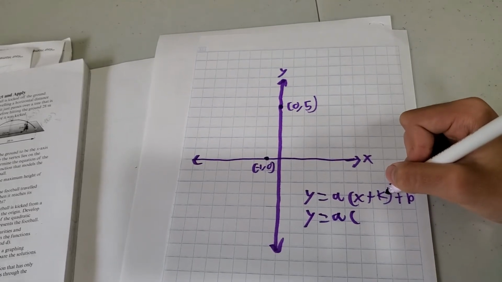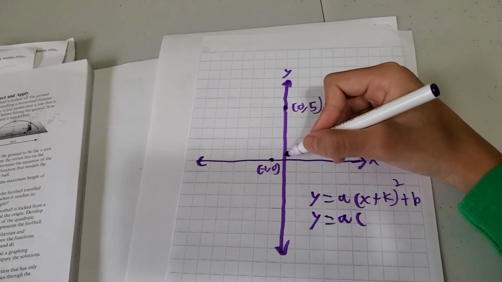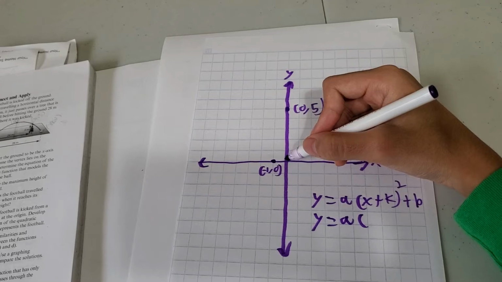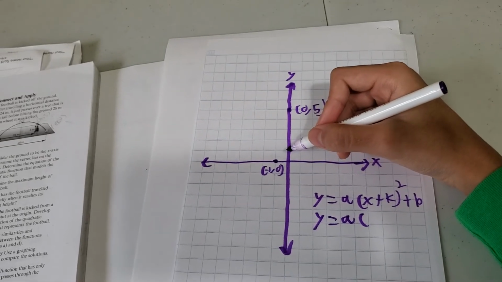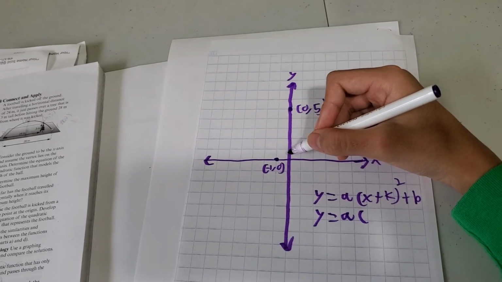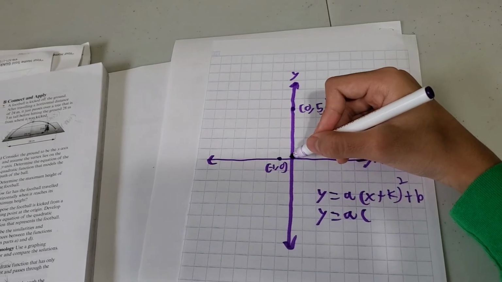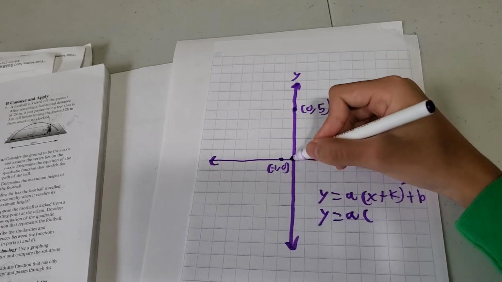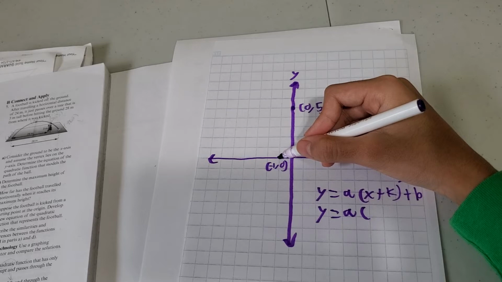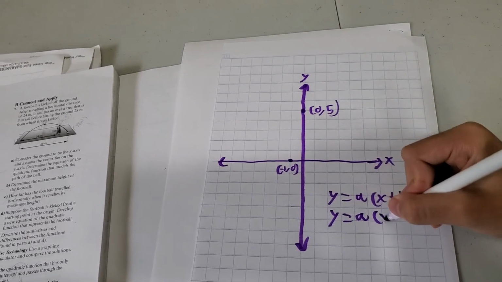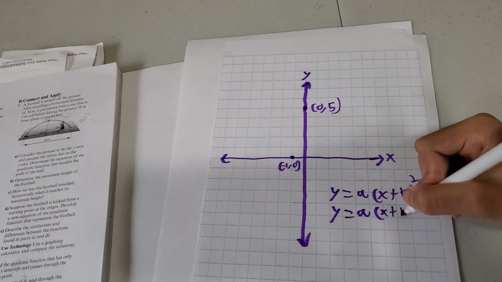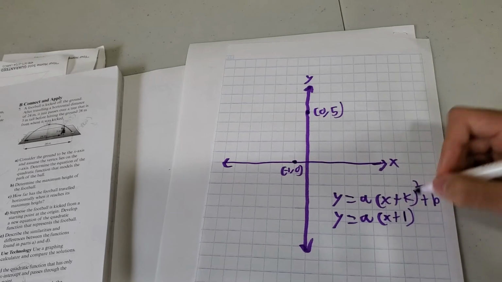We know what k is, because generally the vertex of a quadratic function is the origin, which is (0, 0), and we translated it 1 unit to the left, which means x plus 1, because it's the opposite. Squared.